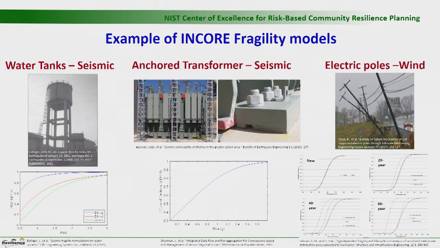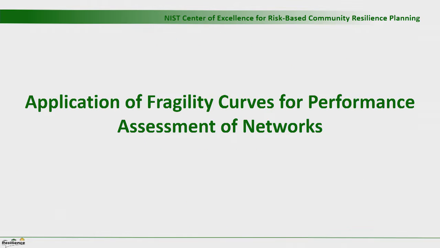And lastly, when looking at our other infrastructure systems, for example, power and water system, we have a range of different constituent components of those infrastructures. And a few examples are shown here, but what I wanted to highlight is the ability of INCOR to adopt time-dependent fragility functions that allow us to capture the effects of aging and deterioration on these infrastructure assets throughout their lifetime when looking at hazard performance.